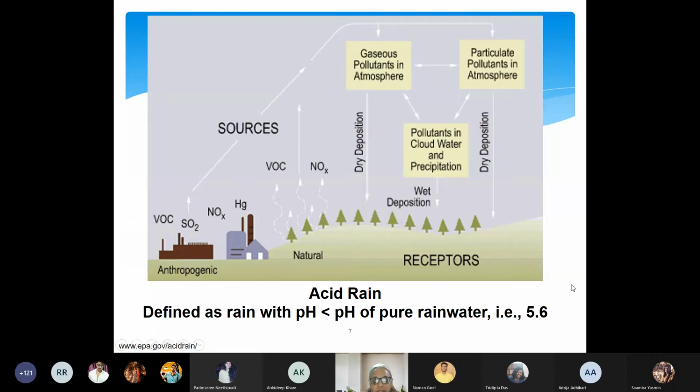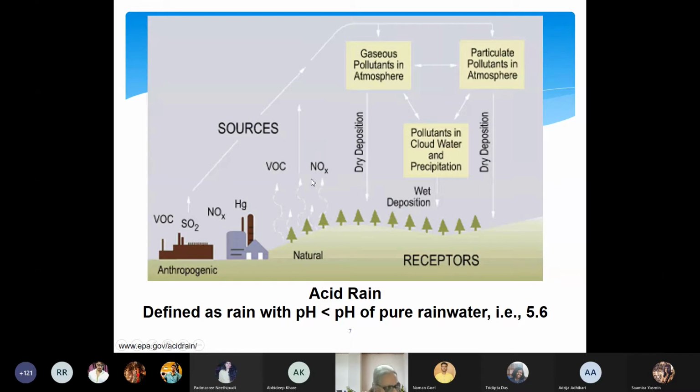So here we have various things. Where is the acidity in rainwater coming from? There are several sources. So you have natural sources as well as anthropogenic sources. Now, you get emissions of volatile organic compounds. VOC stands for volatile organic compounds.